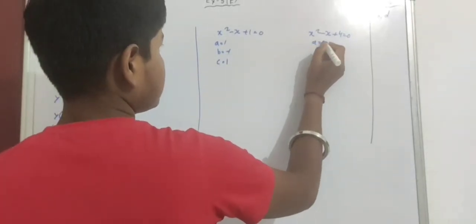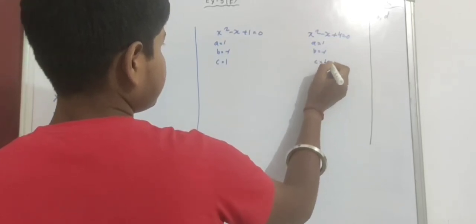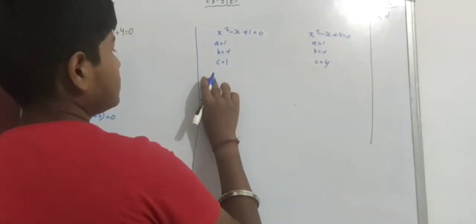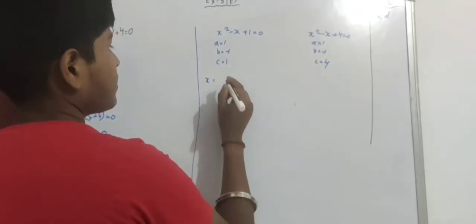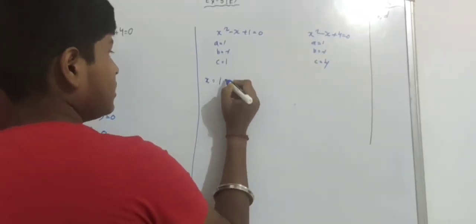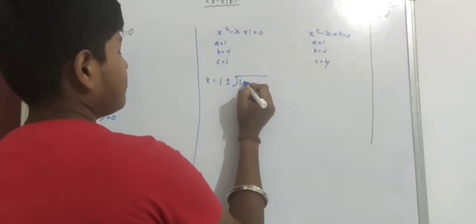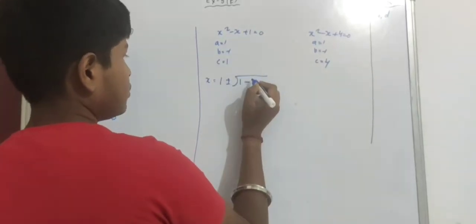Here a is equals to 1, b is equals to minus 1, c is equals to plus 4. x is equals to minus b, so minus of minus 1 we get 1, plus minus under root b squared, that is 1, minus 4 into 1 into c. We have 4.